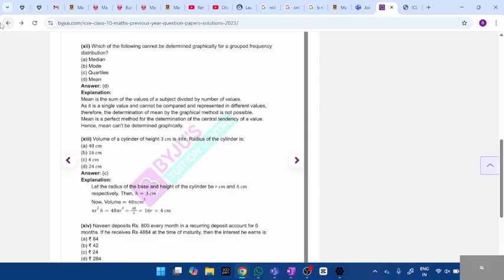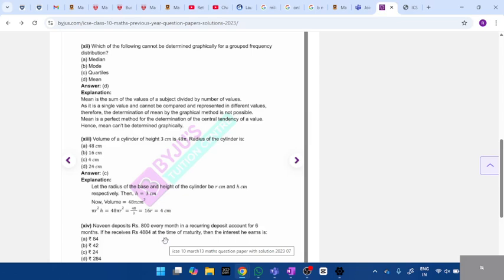Naveen deposits 800 for 6 months. Write down the values. P is 800, N is 6, MV is 4884. Okay, simple question.